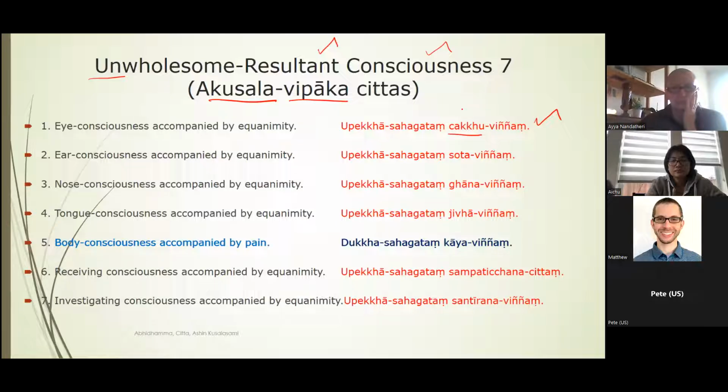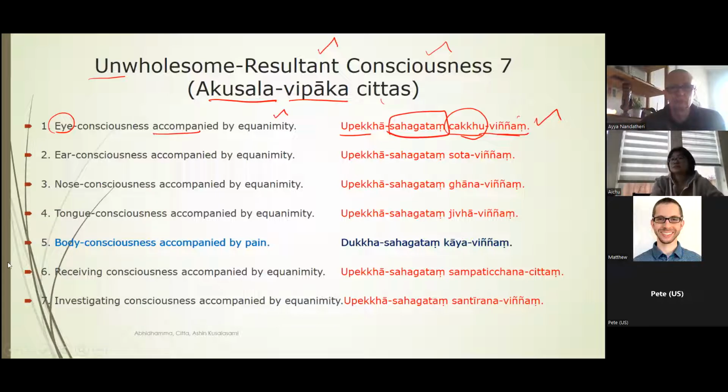Here, cakkhu means eye. Vinnana is another word for consciousness, or knowing. Actually, cheta means knowing or recognizing. Sahagata means accompanied by, and upekkha means equanimity. So, eye consciousness accompanied by equanimity.